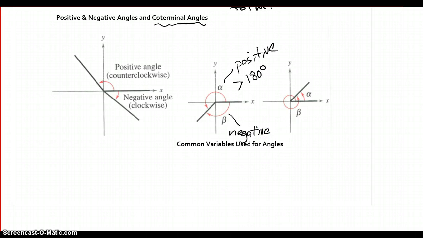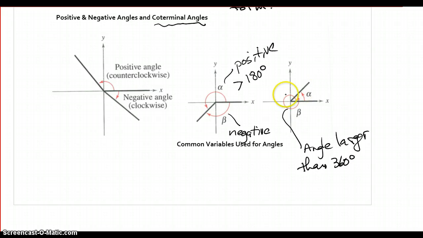So our third diagram here, you notice we have this swirly red swirl here that goes more than 360 degrees. Okay, so here we have an angle larger than 360 degrees.